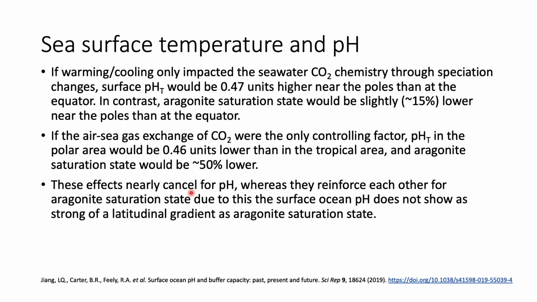So these two effects nearly cancel for pH, whereas they reinforce each other for the aragonite saturation state. Due to this, the surface ocean pH does not show as strong a latitudinal gradient as the aragonite saturation state. So this is what we can understand. That means the saturation temperature may not have a major effect in this particular process.